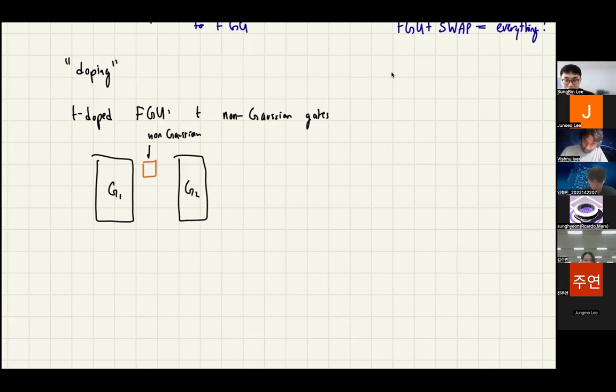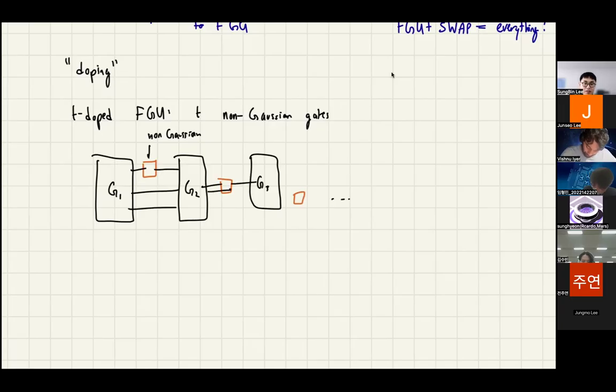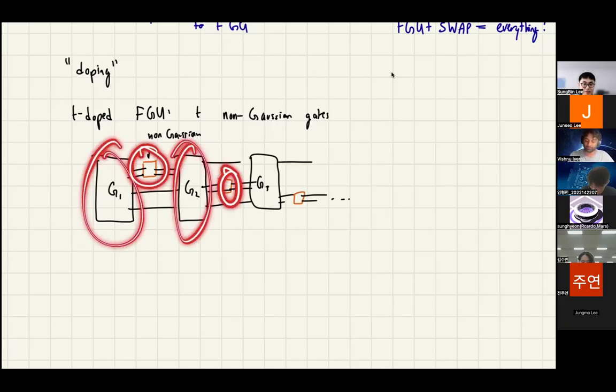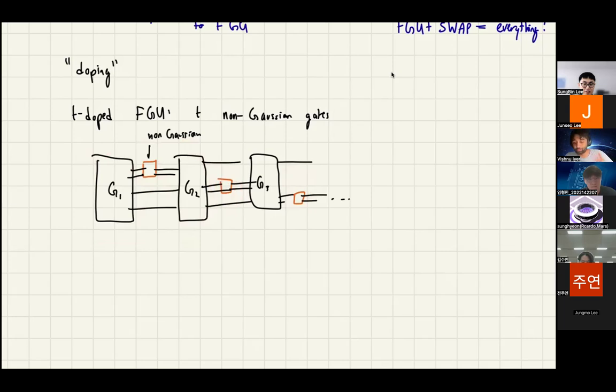Then you have another non-Gaussian gate, and a third non-Gaussian gate, and so on. That's what this doped unitary looks like, with connections between all of these. Basically, you interleave Gaussian unitaries, and in between them you put in some non-Gaussian gates.